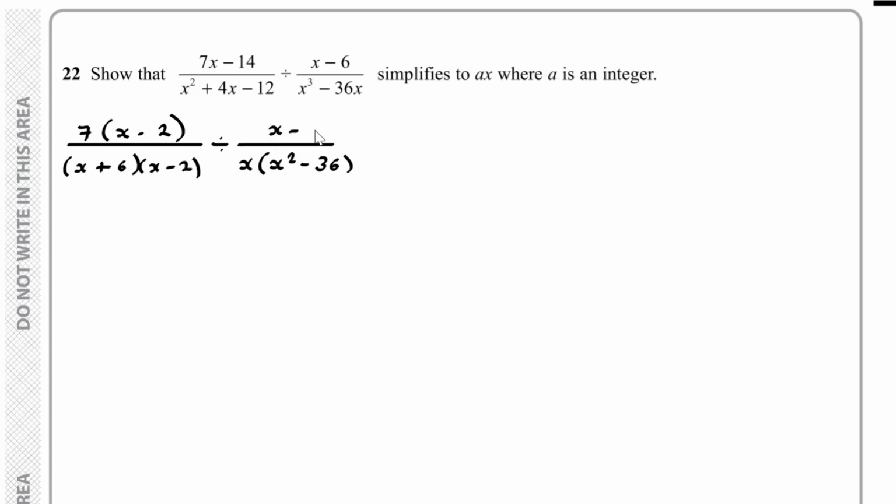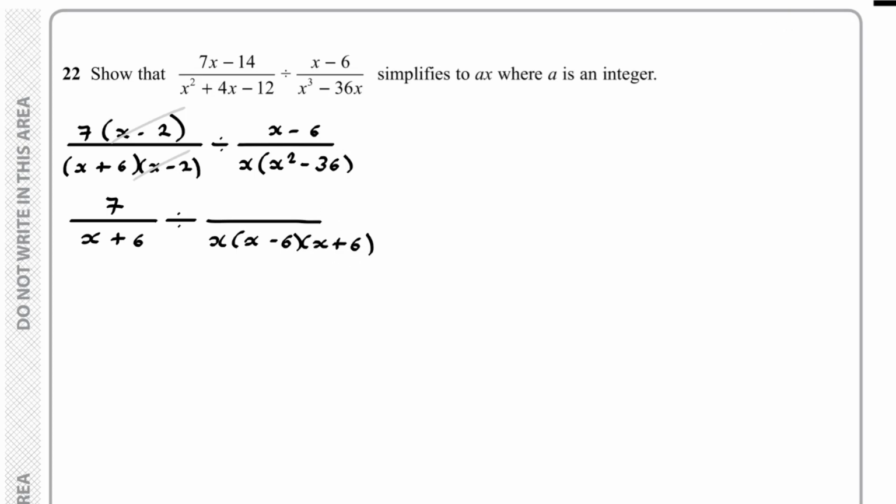And on the top I've got x minus 6. So how do I do now? Well, over here you can see the x minus 2's cancel. So we have 7 divided by x plus 6, divided by, well here, what you can hopefully see, we have x lots of x minus 6 lots of x plus 6.